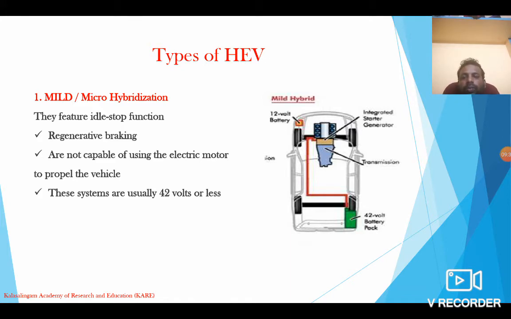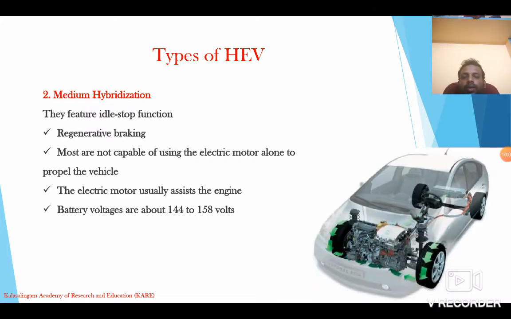So it is helpful in city conditions. In cities we have a lot of traffic as well as signals, so in this case we can use micro hybridization. With the help of micro hybridization, we can increase the vehicle mileage as well as reduce the pollution.